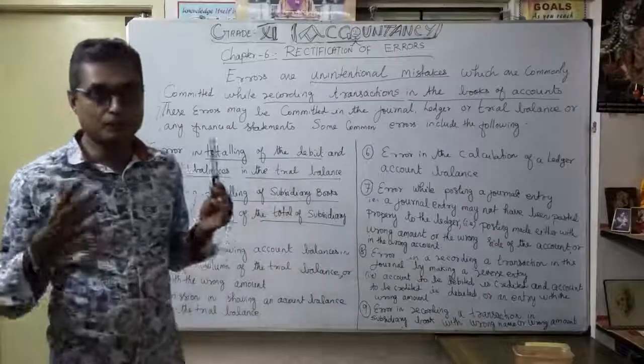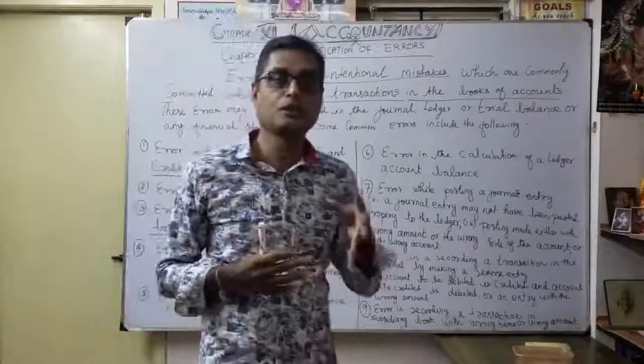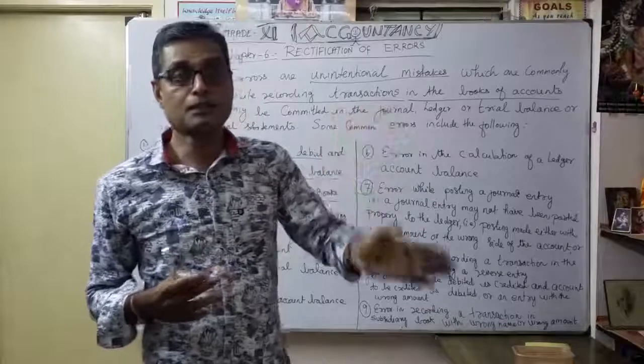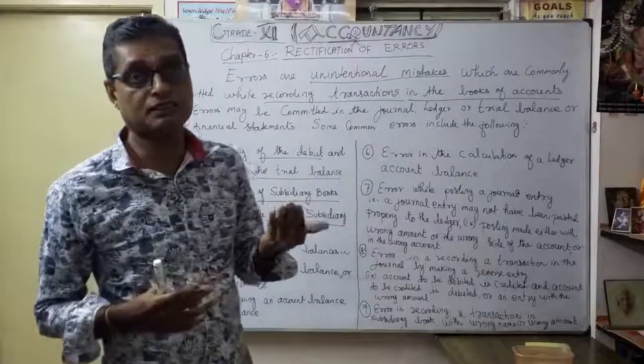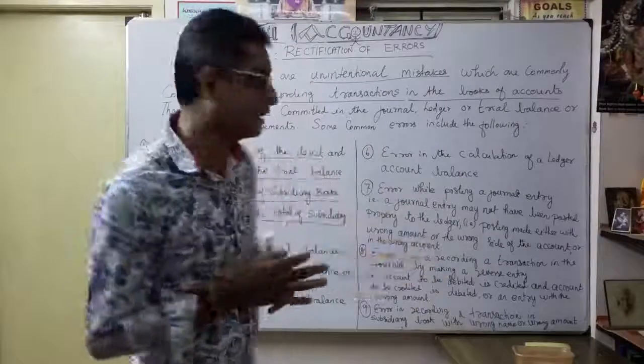Whether it is the purchase book, sales book, sales return book, or purchase return book, when you post the total to the respective ledger account, you may write a wrong total.